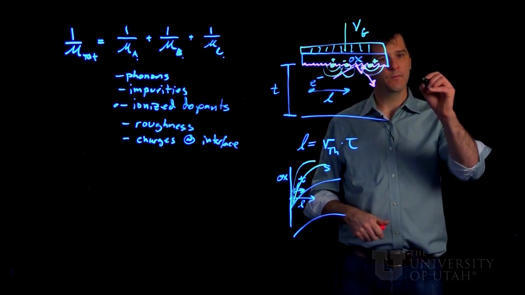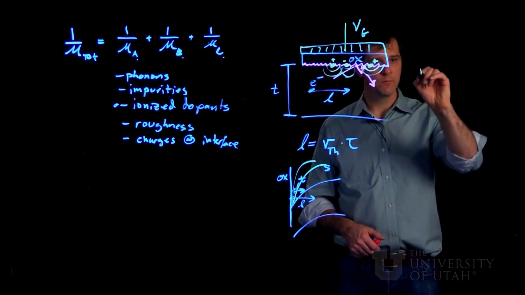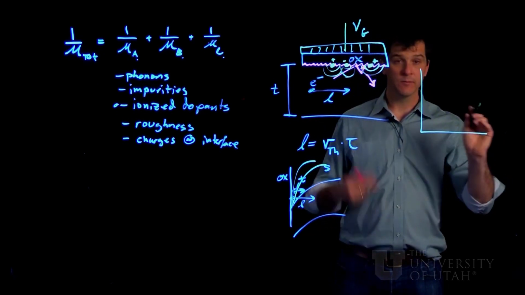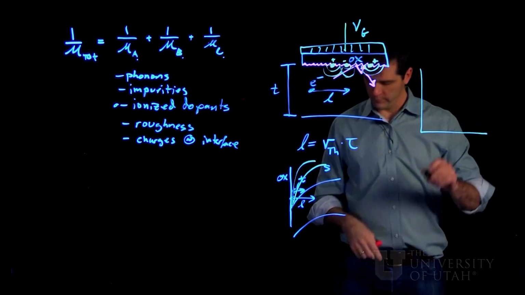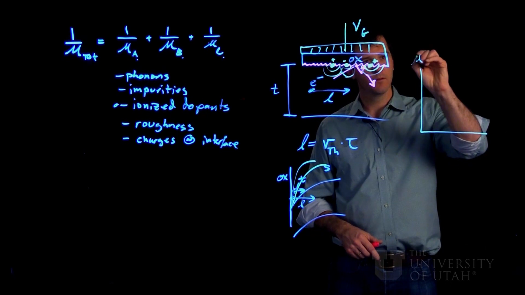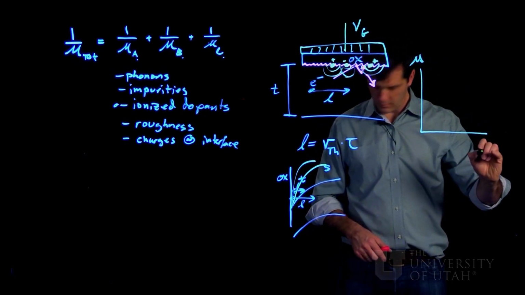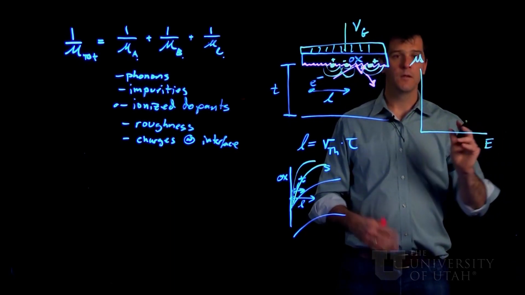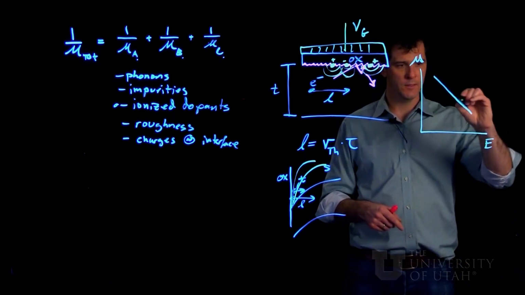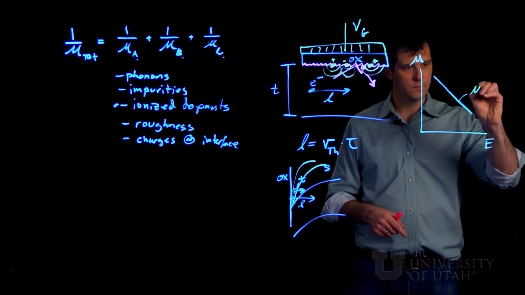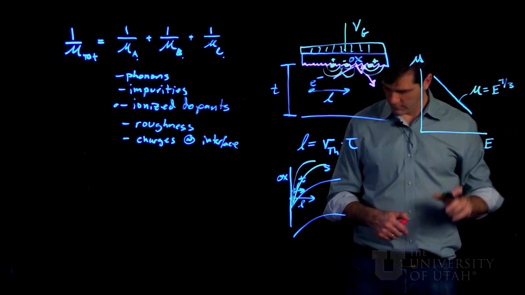And indeed, it turns out that the mobility as measured through measurements of the transconductance of MOSFETs will show a minus 1/3 power law dependence, E to the minus 1/3.